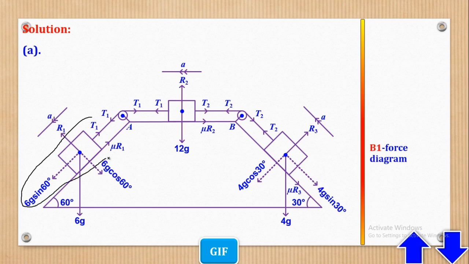These are the forces we are interested in, and also this acceleration. This acceleration is facing downwards, meaning that this is bigger, so it will be 6g sine 60 minus T1 plus mu R1, as the resultant force, and that is equal to ma, where m is 6, so it will be 6a. So you write down that equation here.